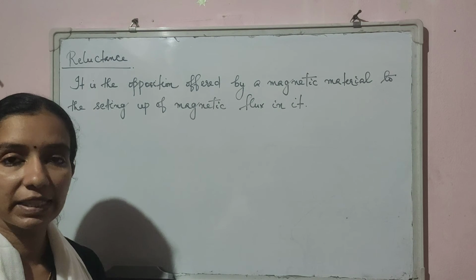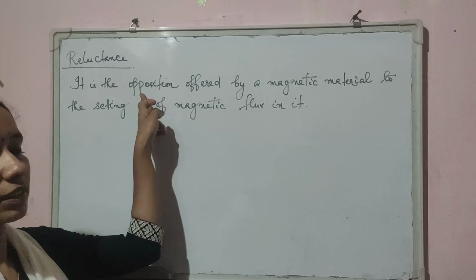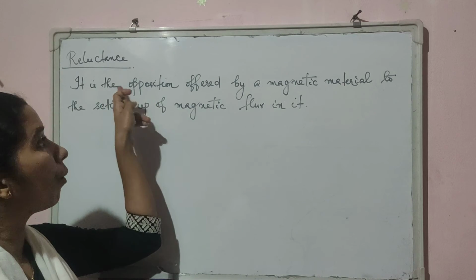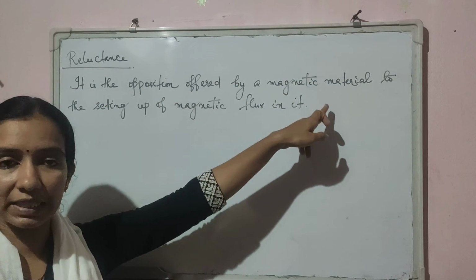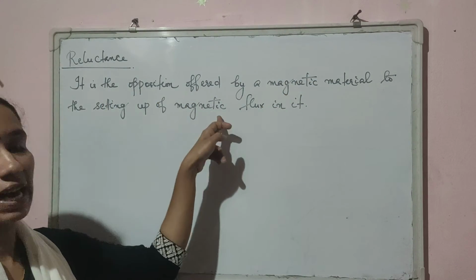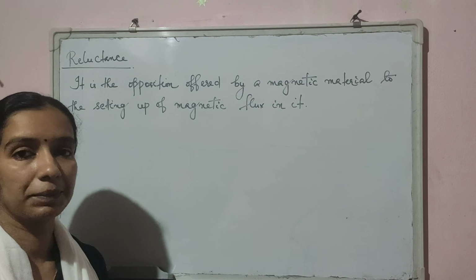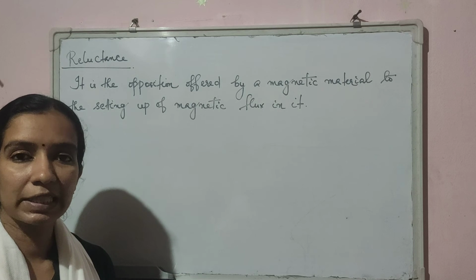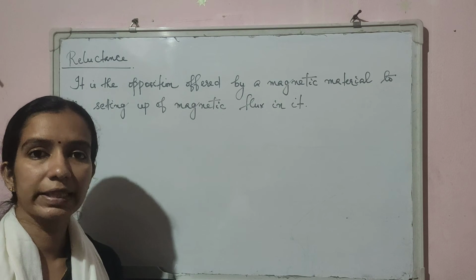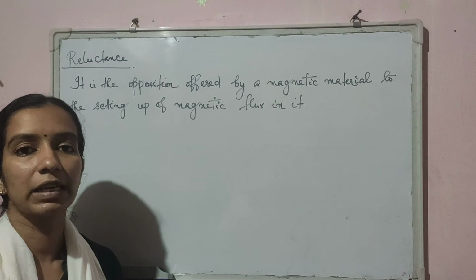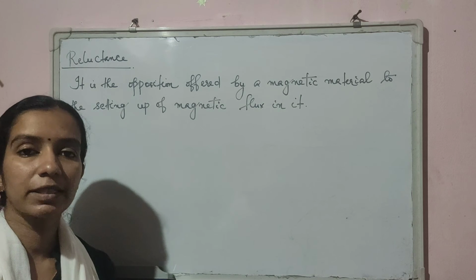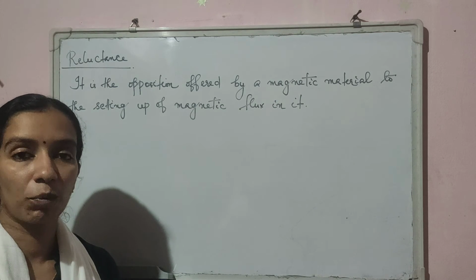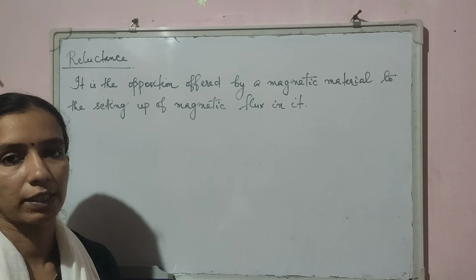Similarly, in a magnetic circuit, reluctance of a material is the opposition offered by that material to the setting up of magnetic flux in it. Okay, so opposition offered by a magnetic material to the setting up of flux in that material is known as the reluctance of that material. Okay, opposition to the setting up of flux.